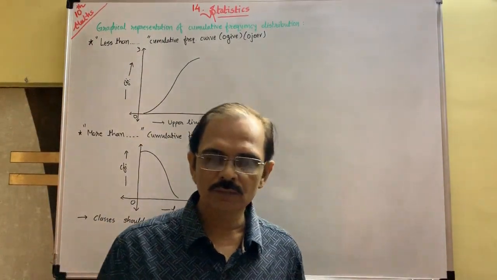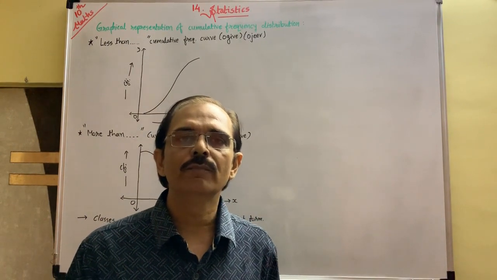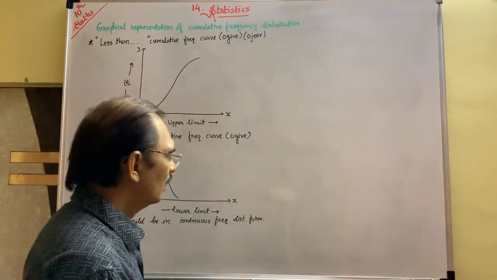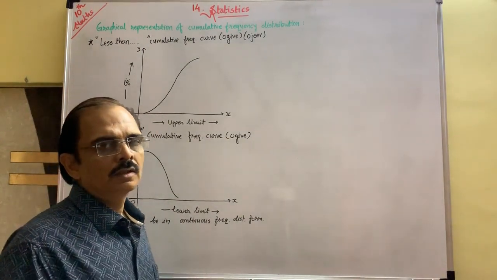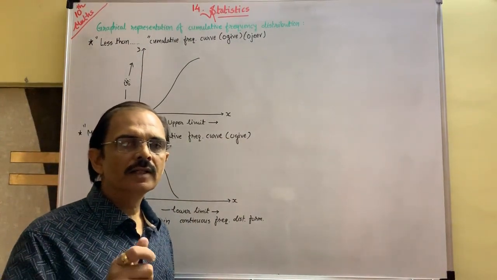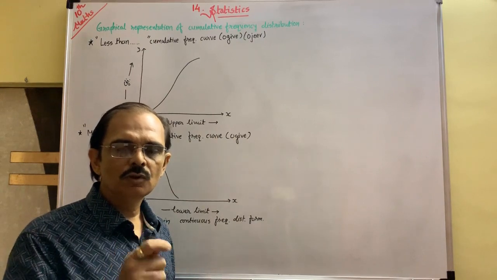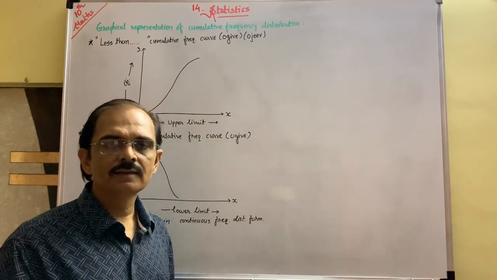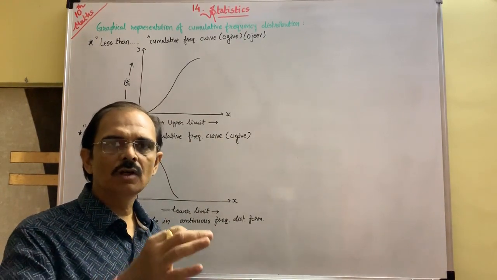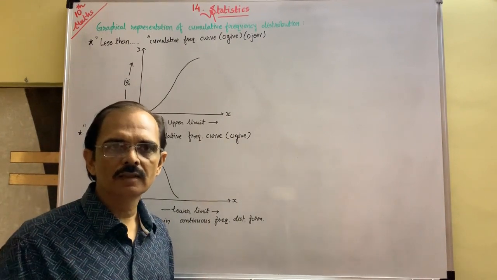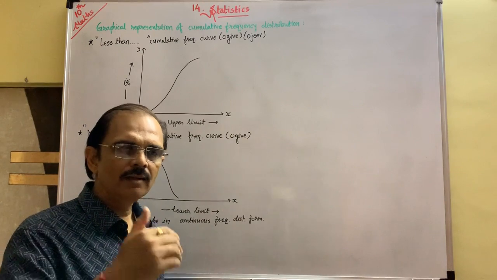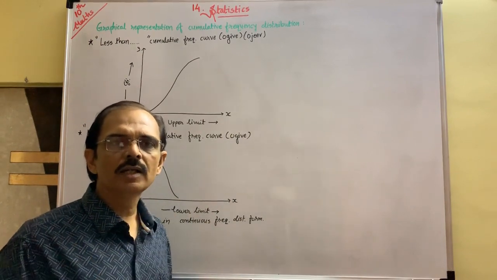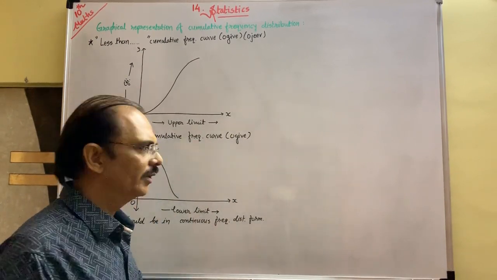Yes, from the graph we can derive the median also. For example, in the question, first we find the median class from the total number of frequencies, that is n. The n by 2th observation is called your median class. Suppose the total number of frequencies is 100, then n by 2 means the 50th observation.